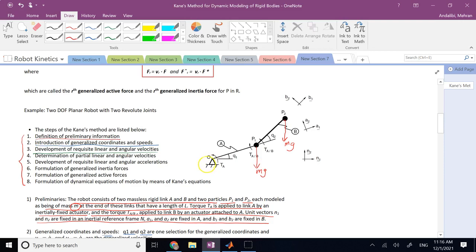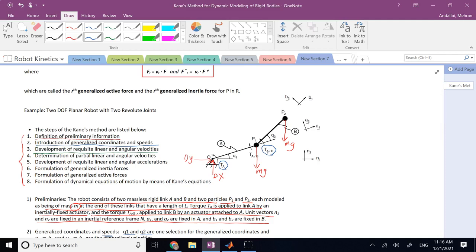There are reaction forces from outside of the system at point O, so I can call them OY and OX. And of course, I also have these 2 torque terms. So there are these 6 terms if I want to draw the free body diagram of the entire system.